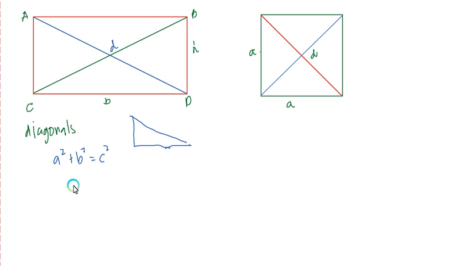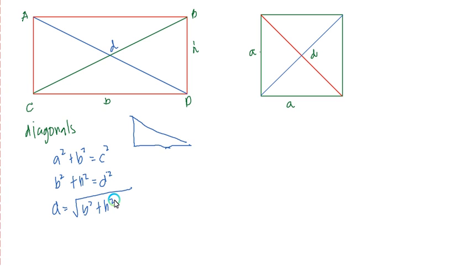So that is b squared plus h squared is equal to d squared. Or if you want to find the diagonal, it is equal to the square root of b squared plus h squared. So that is for the diagonal of a rectangle.